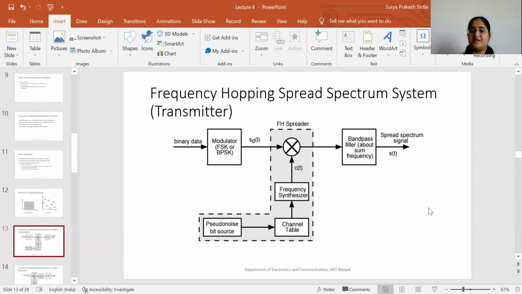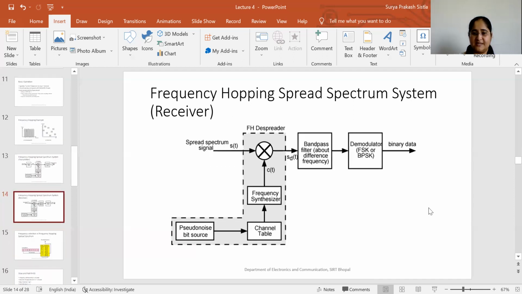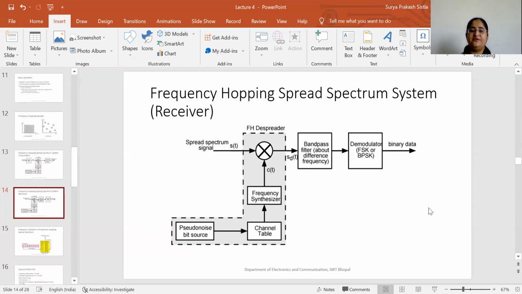The reverse operations are performed at the receiver side. At the receiver, first this spread spectrum signal is despread by using a similar reverse process. The pseudo noise code is given to the frequency synthesizer. This frequency synthesizer will produce a set of frequencies.